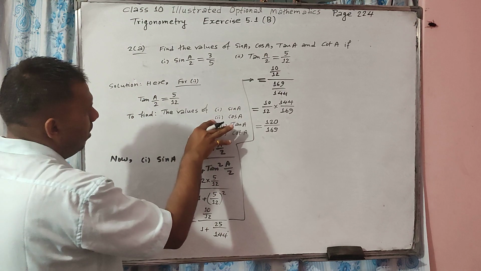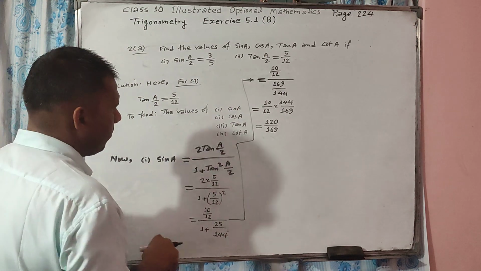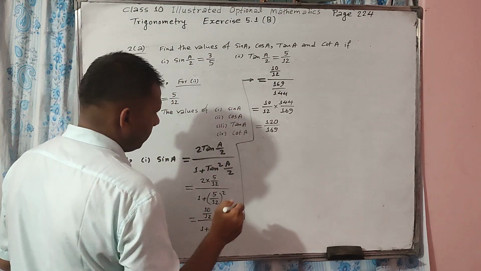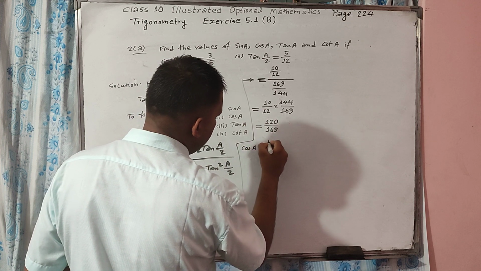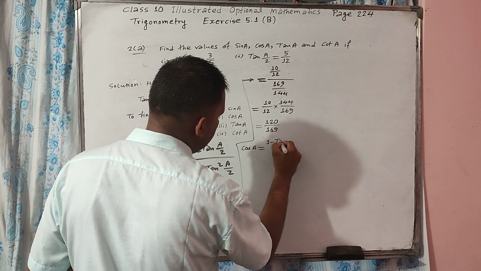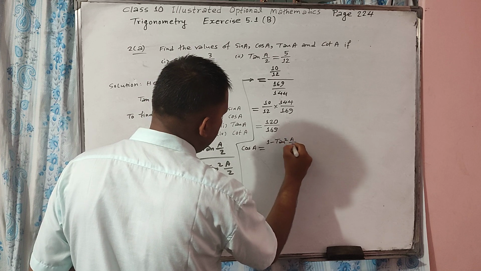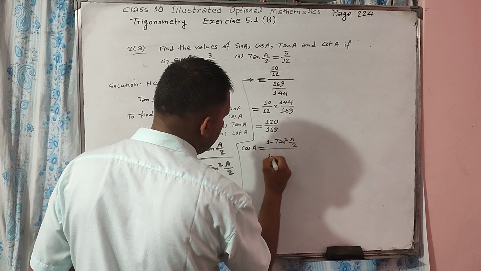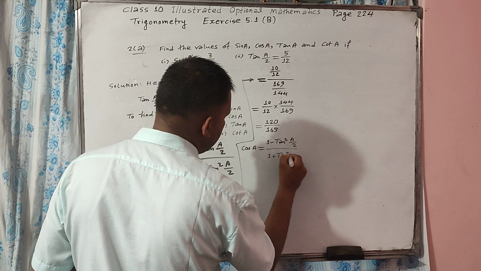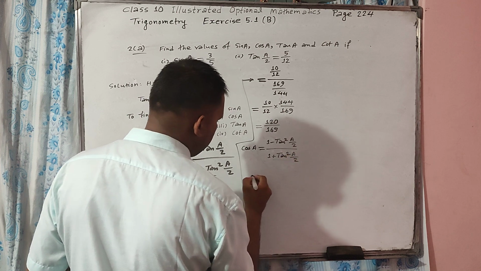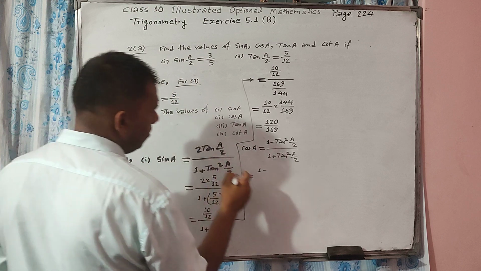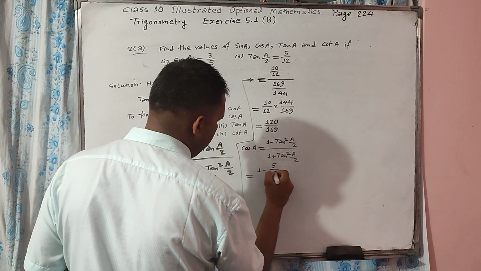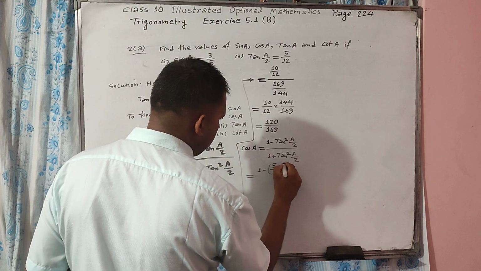And we have to find value of cos A. Cos A equals 1 minus tan square A by 2 all upon 1 plus tan square A by 2. Tan A by 2 is 5 by 12, so tan square A by 2 is 5 by 12 whole square.